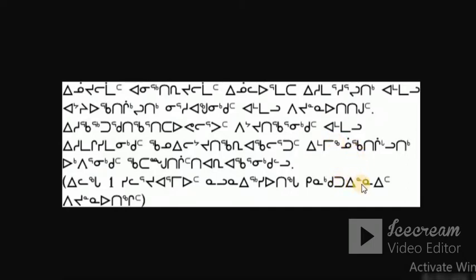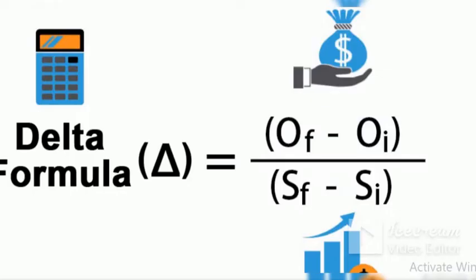Backwards C, D, D, C. Parentheses seem to be imported from European influence, not native to the Inuit language, I think. Let's see. Well, what this reminds me of is mathematic formulae, like this one with a delta.